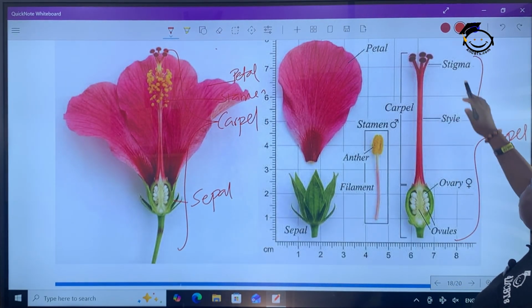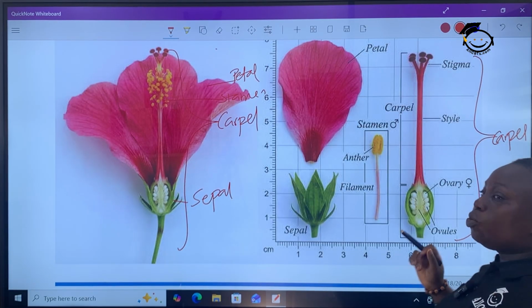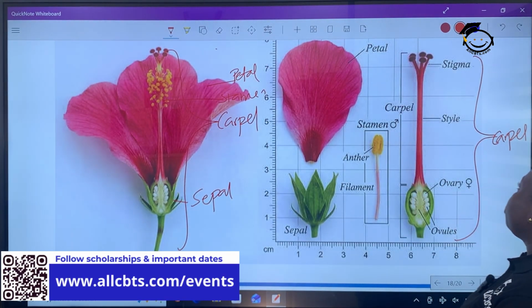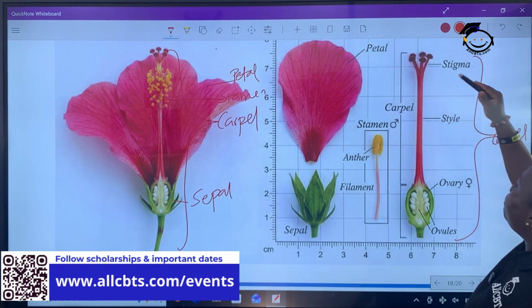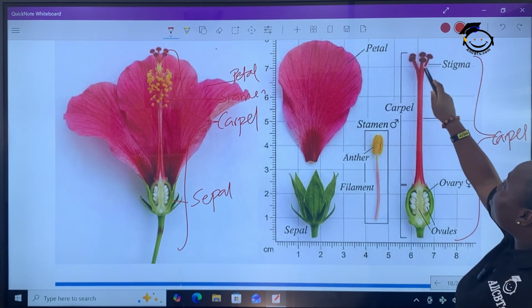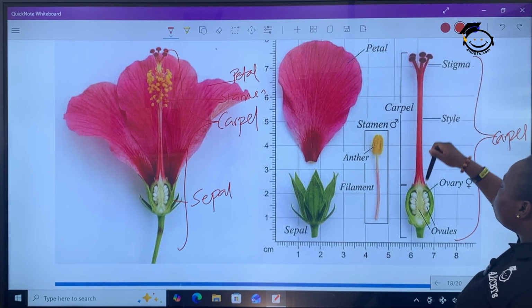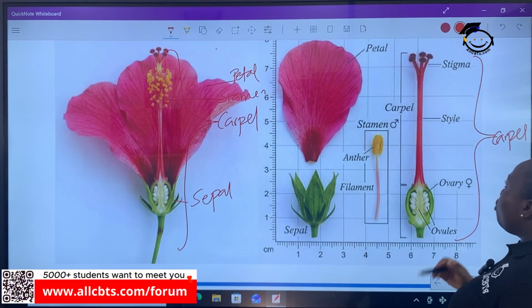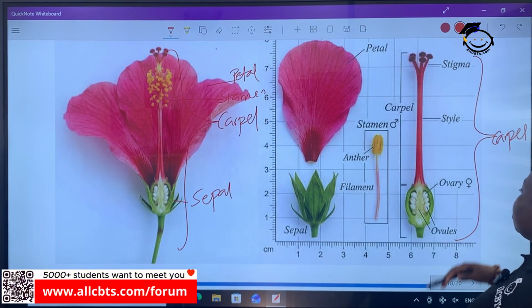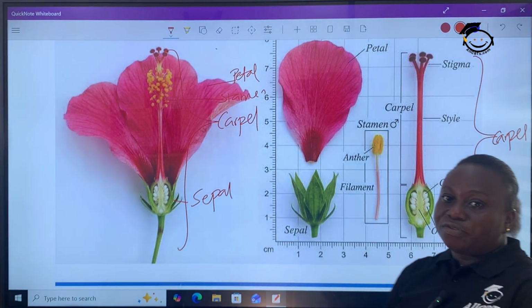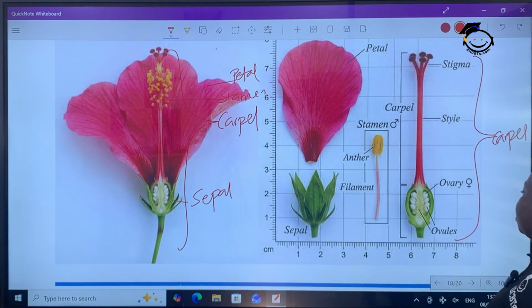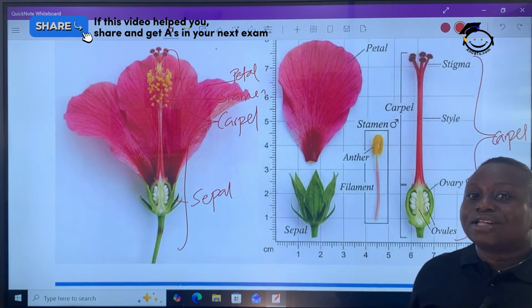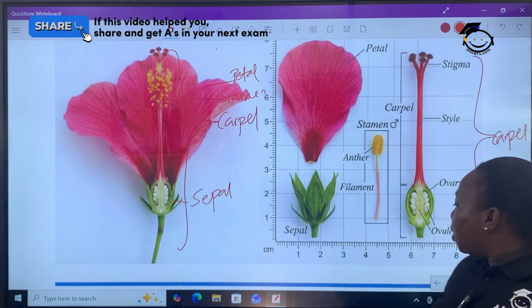Then for the carpel, the stigma is where the pollen grains are attracted to. For the style, you can say this is the part through which pollen grains travel from the stigma to the ovary, or that it connects the stigma to the ovary. Then the ovary is what later becomes the fruit. And the ovules are what later become the seed. If you do it like that, you have your full mark.